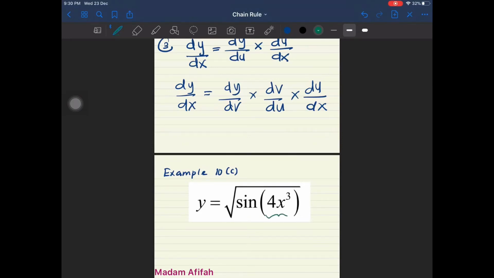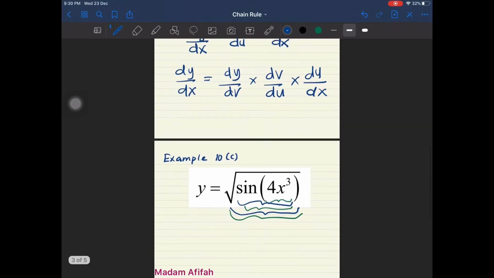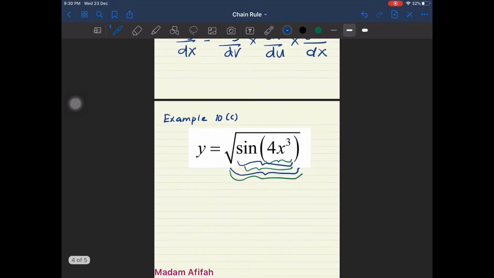Both are accepted. Either you choose this one first, or you choose sine 4x cubed for your u, and this is your second function. So it's up to you.